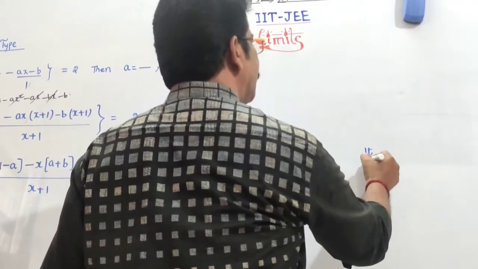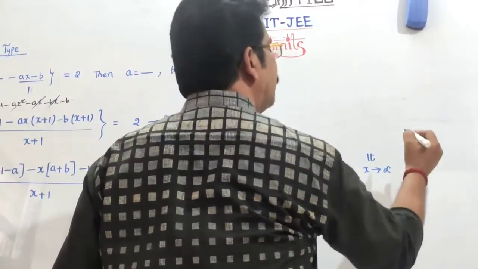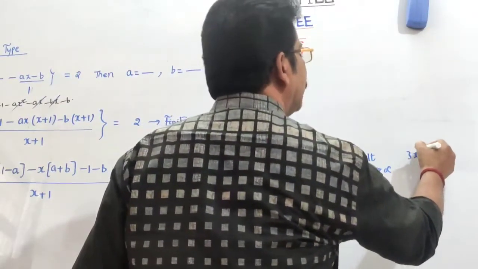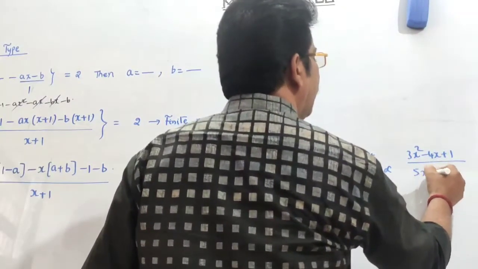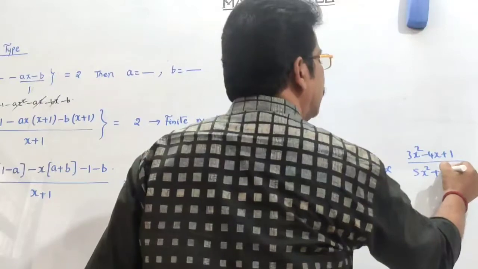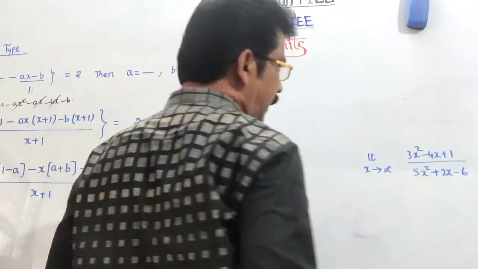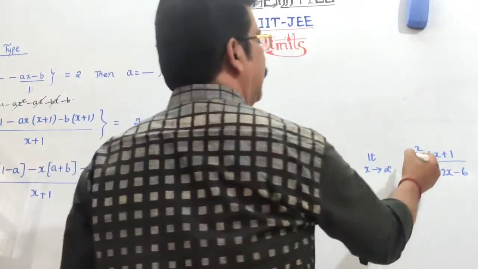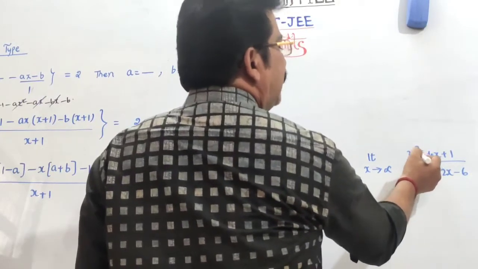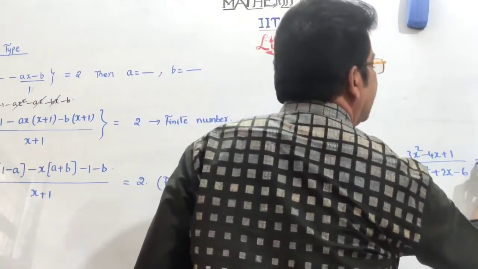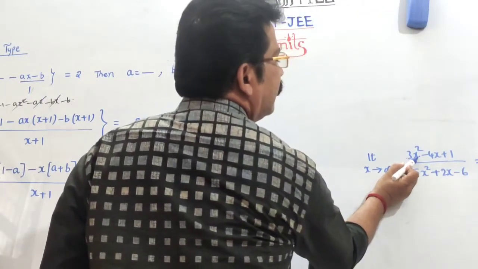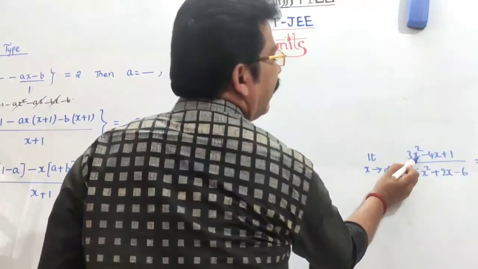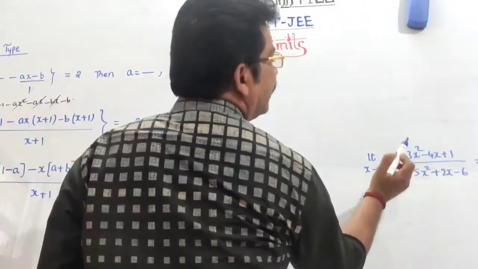Okay, you come here. Already I said some shortcut. As x tends to infinity, 3x square minus 4x plus 1 divided by 5x square plus 2x minus 6. In such a case, we write only the x square quotient, 3 divided by 5. The degree of numerator is 2, its quotient is 3.